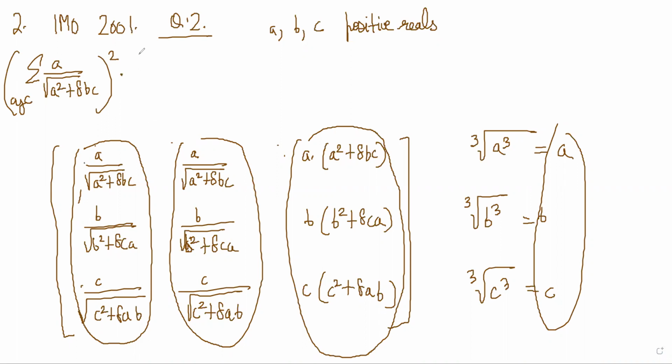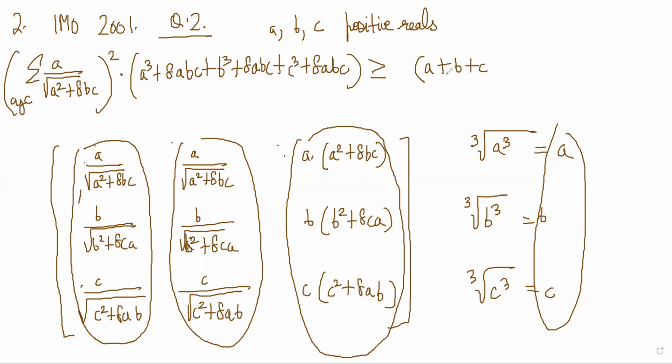And finally, there is A cube plus 8ABC plus B cube plus 8ABC plus C cube plus 8ABC is greater than or equal to (A plus B plus C) whole cube. We have already taken cube roots, that was A, B, C. We have to add them and take the whole power 3 because there are three terms in this sequence. So this part is becoming A cube plus B cube plus C cube plus 24ABC.